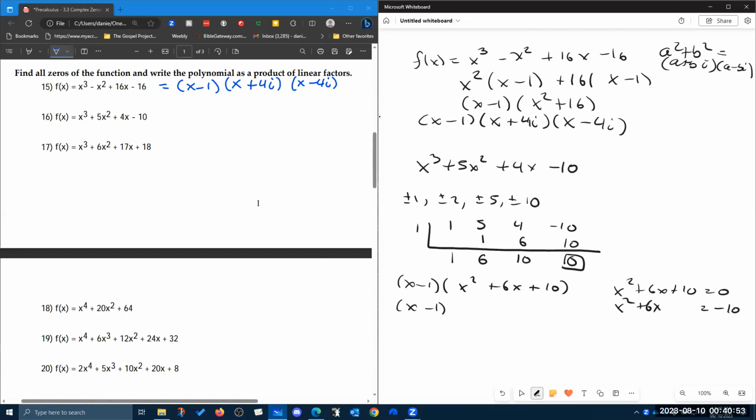Half of this number squared is 9. That's x plus 3 squared is equal to a negative 1. x plus 3 equals plus or minus i. x equals a negative 3 plus or minus i. So this is going to be x plus 3 minus i and x plus 3 plus i.